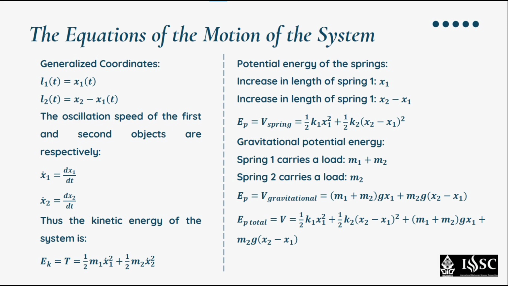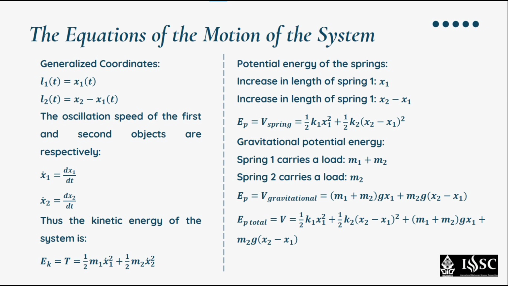The oscillation speeds of the first and second objects are respectively x dot 1 equals dx1 divided by dt, x dot 2 equals dx2 divided by dt. Thus the kinetic energy of the system is T equals half m1 x dot 1 squared plus half m2 x dot 2 squared.